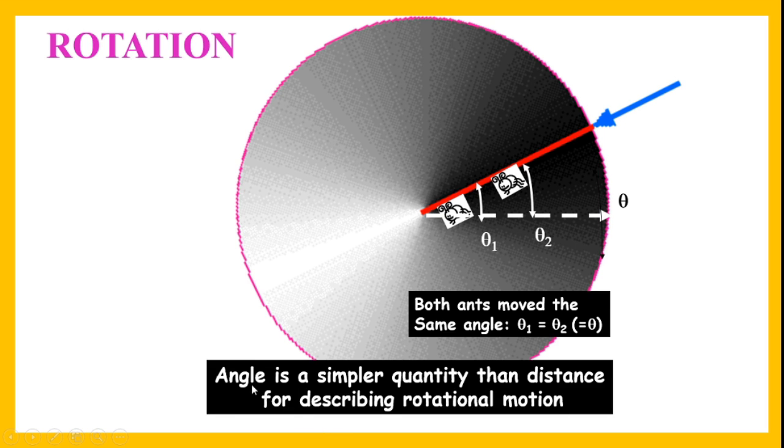Here I have given a definition: angle is a simpler quantity than distance for describing rotational motion. With angle we can easily describe rotation, or rotational motion can be described by angular motion.